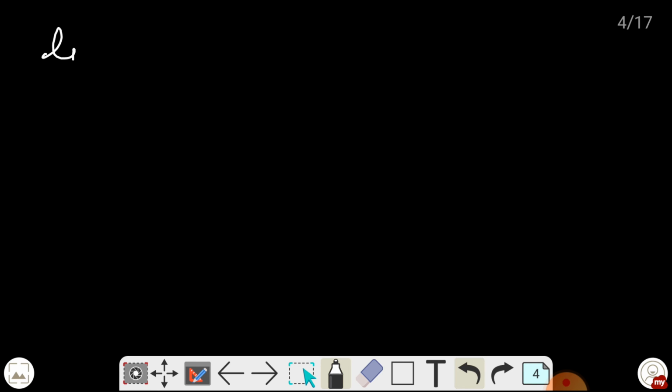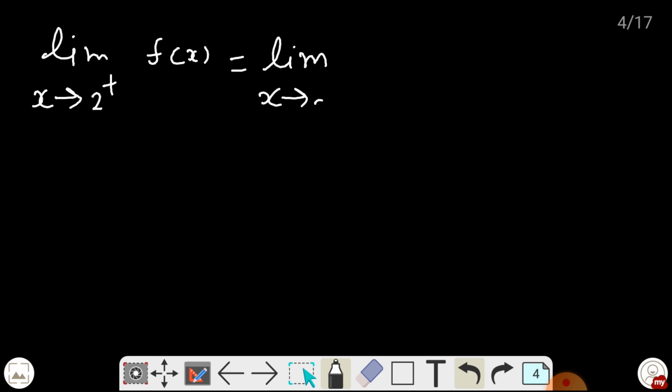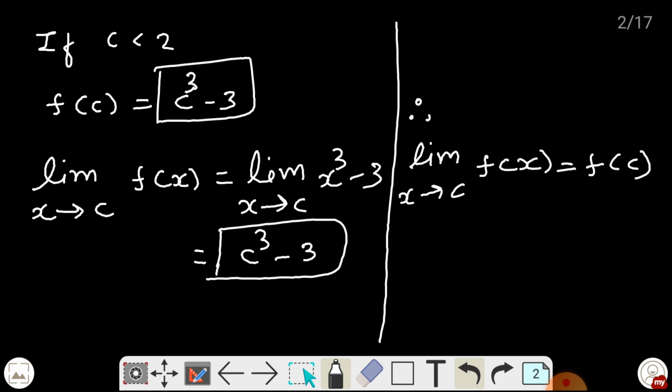So limit x tends to 2 plus f of x is equal to limit x tends to 2 plus. Now what is the function f of x whenever x is greater than 2?